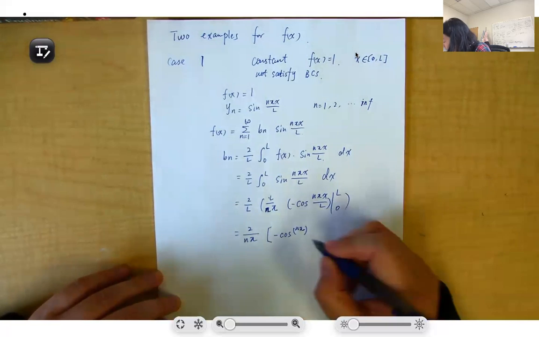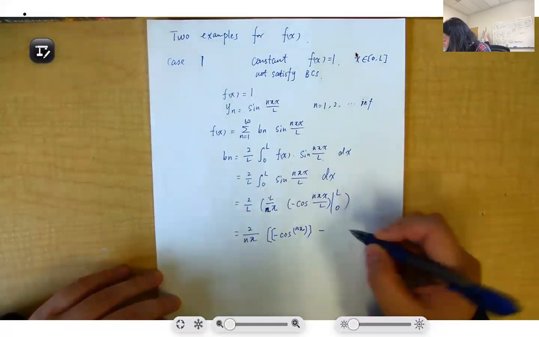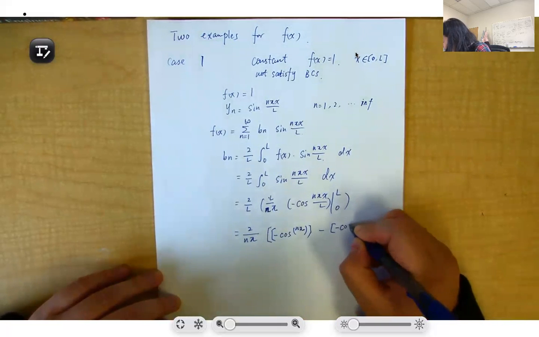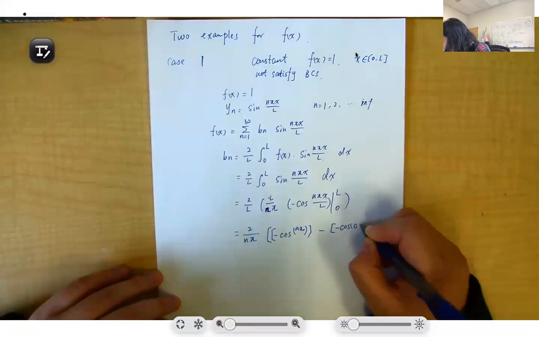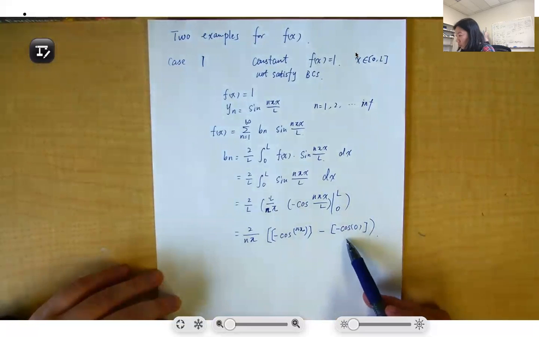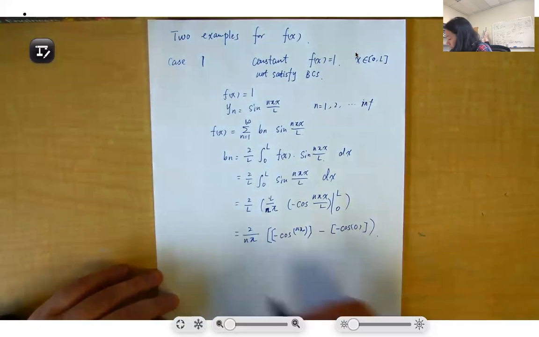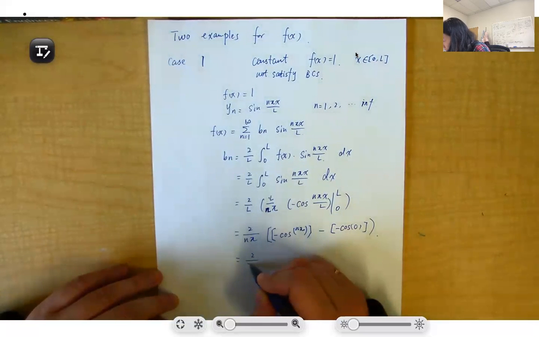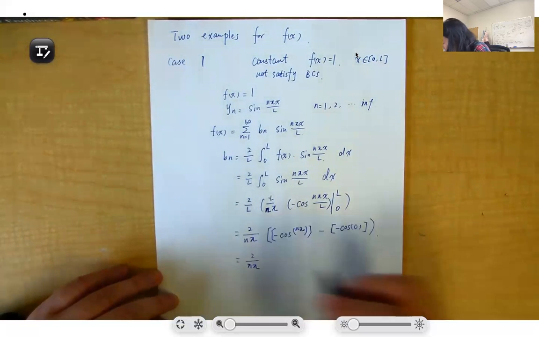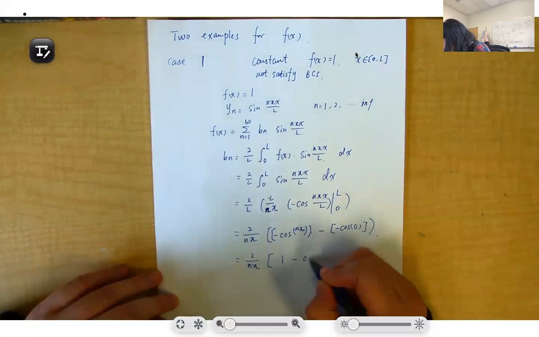And when x equals to 0, minus cosine 0, and cosine 0 will be equal to 1. So minus minus 1 will be plus 1 there. It will be 2 over n pi times 1 minus cosine n pi.